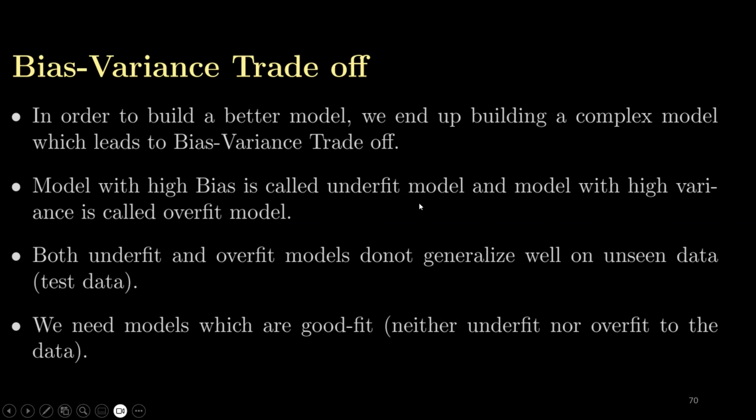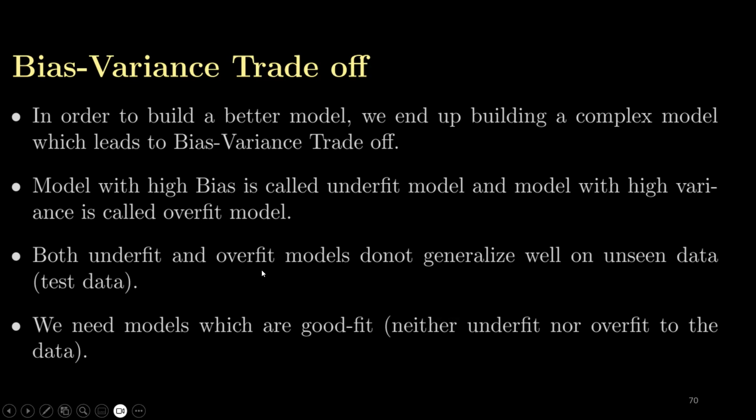The underfit model does not learn the training data well, while the overfit model tries to learn the noise of the data as well. So both underfit and overfit models do not generalize well on unseen data. The common thing between underfit and overfit models is that their testing performance is very poor. So we need models which are a good fit, neither underfit nor overfit.